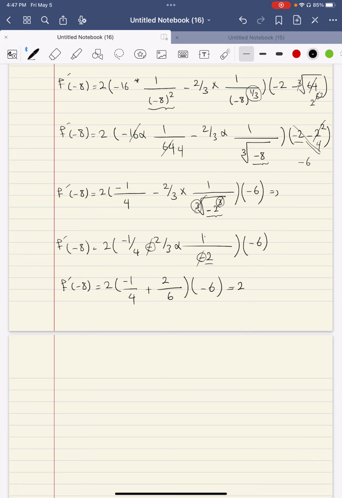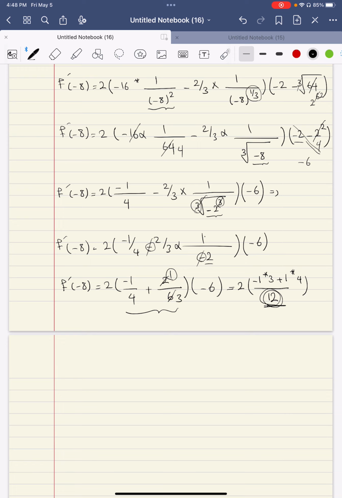So this would be 2 times, this would be 1 over 3. So if I change the denominator to 12 to be able to add up these two values, the first value would be negative 1 times 3 plus 1 times 4, right? So I change the denominator to 12.